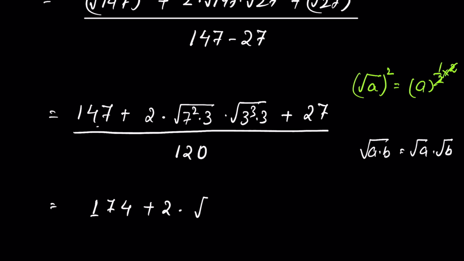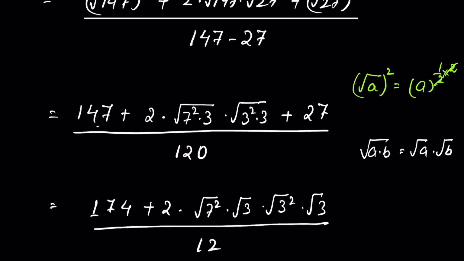So this we can write as square root of 7 square times square root of 3, then square root of 3 square times square root of 3, upon 120.